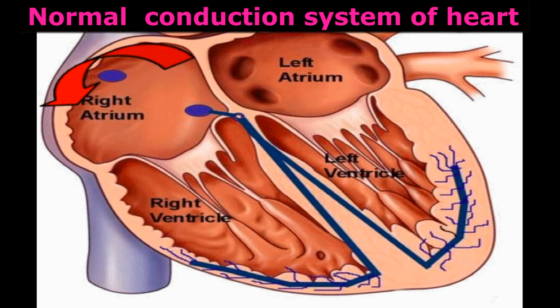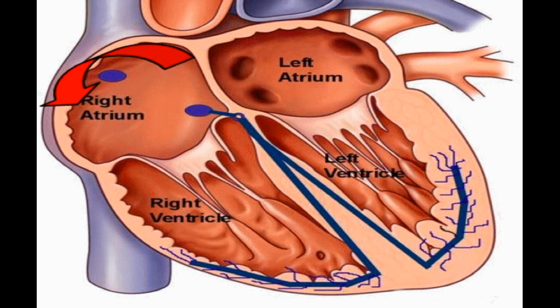Let us understand the normal conduction system of the heart. The heart has four chambers: right upper, right lower, left upper, left lower. There is the SA node, which is called the pulse generator of the heart. Unlike other organs, the heart has its own independent electrical generator.